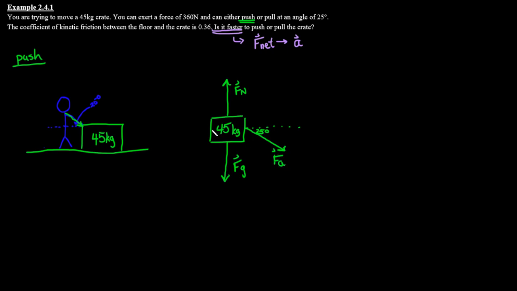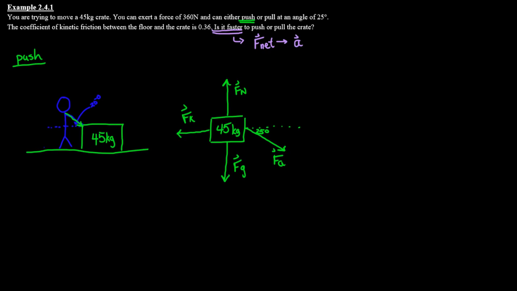Okay, and then we know we have some force of kinetic friction that's acting back in this direction. Okay, so this is what your free body diagram is going to look like for this situation.